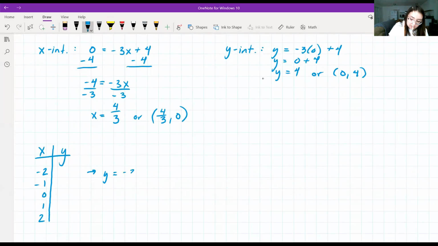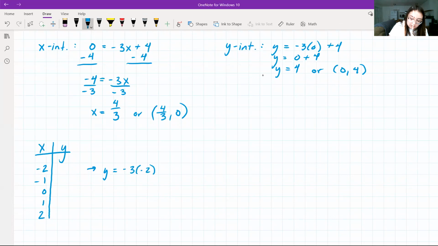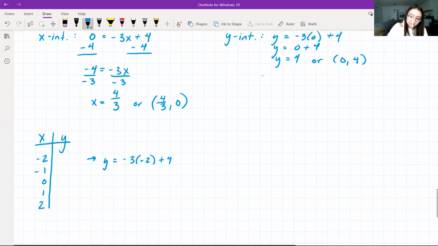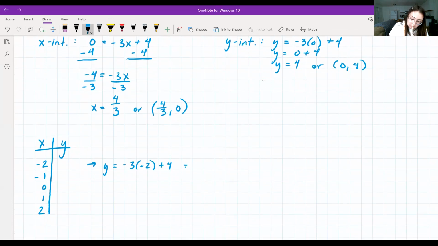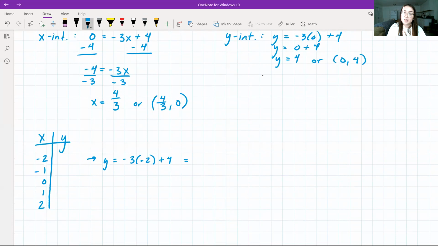So y is equal to negative 3 times negative 2 plus 4. So that will be equal to negative 3 times negative 2 will be 6, plus 4, which is equal to 10. So we have that value is 10.